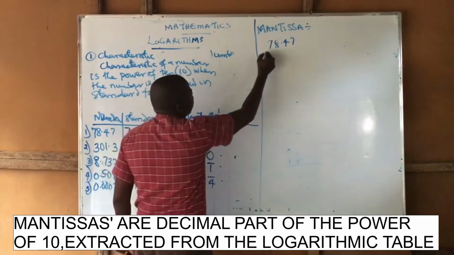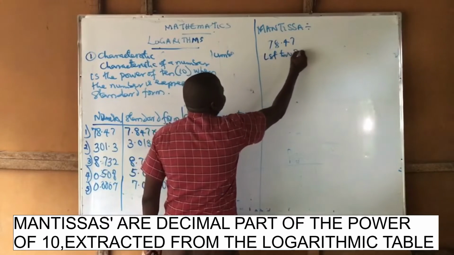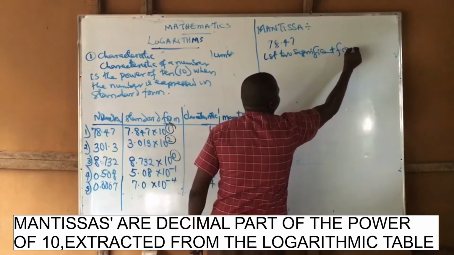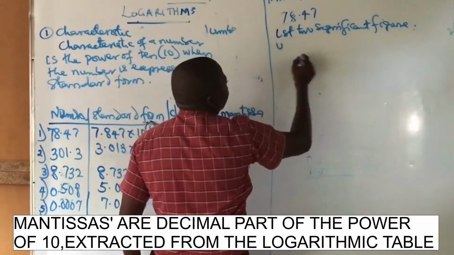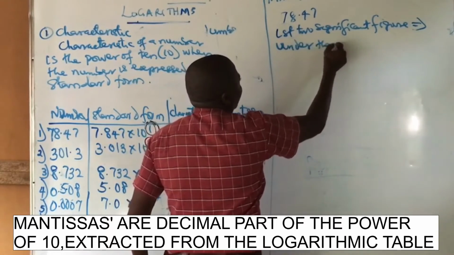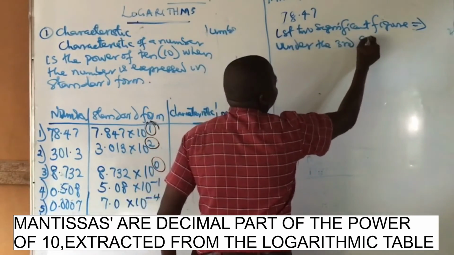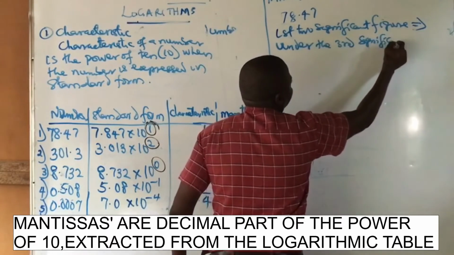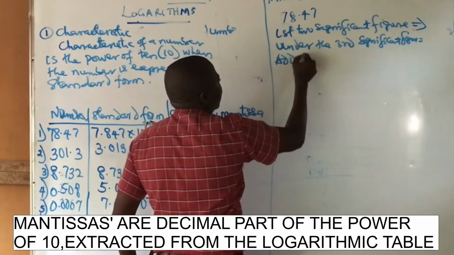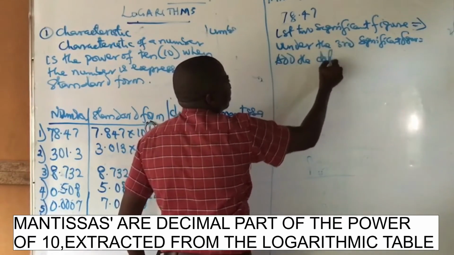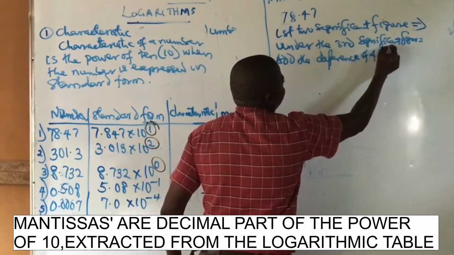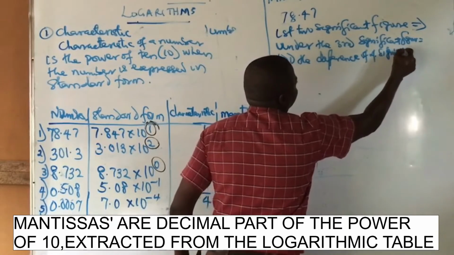The first 2 significant figures, under the third significant figure, add the difference of the fourth significant figure.